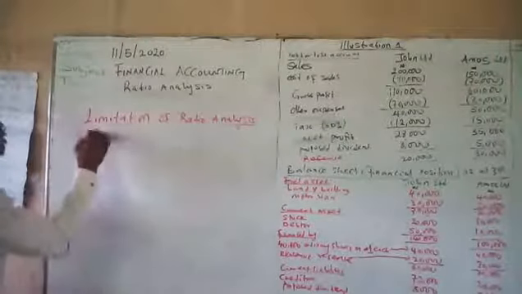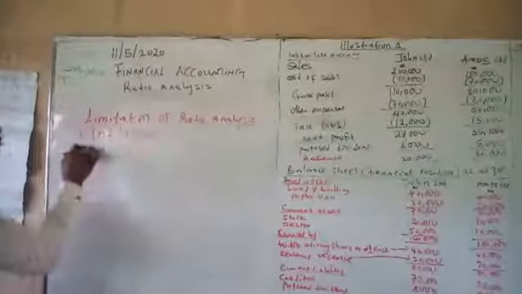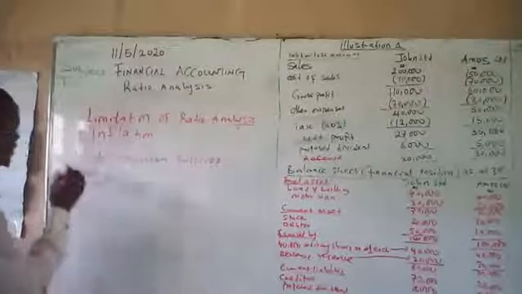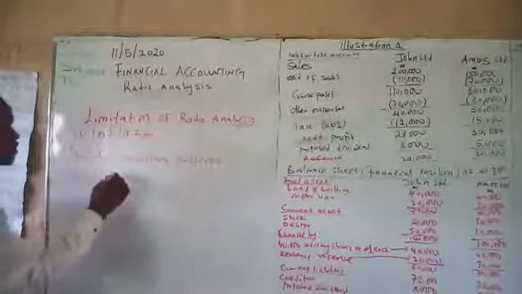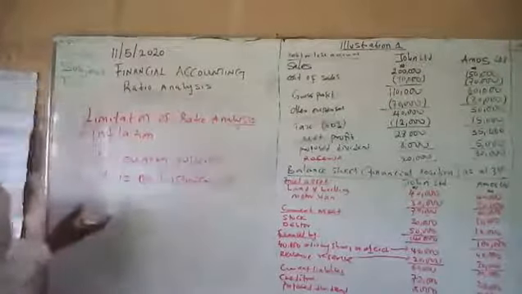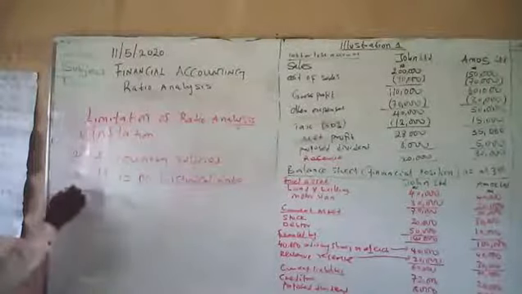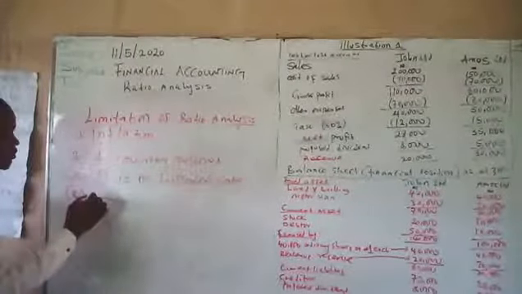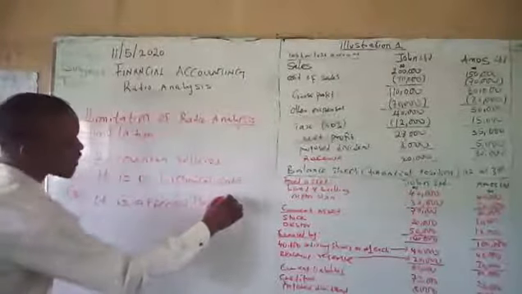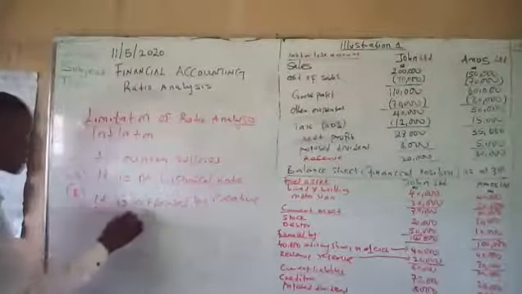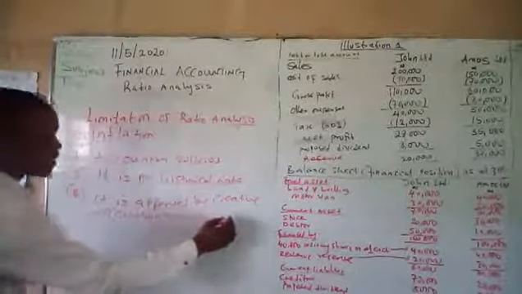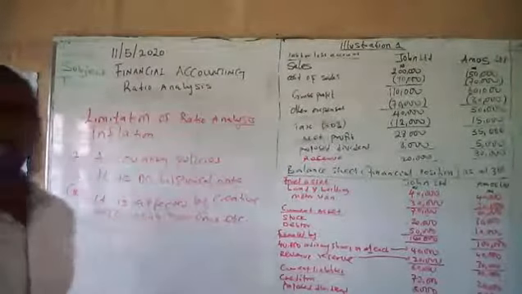Let's take it like this: one, inflation; two, accounting policies; three, it is based on historical data; and another one, it is affected by creative accounting practices, etc. Now let's take them one after the other.